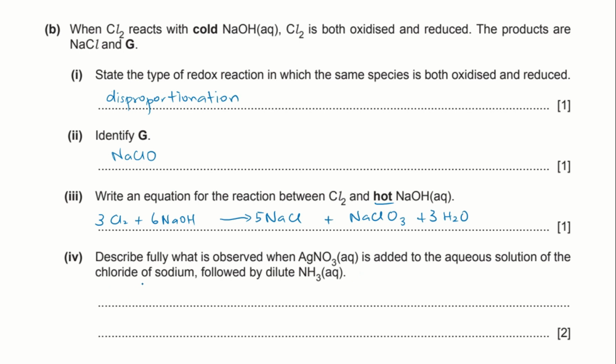So sodium chloride solution contains chloride ions. Silver ion from silver nitrate solution will react with chloride ions to form an insoluble solid, which is silver chloride, a white solid. So white precipitate will form.